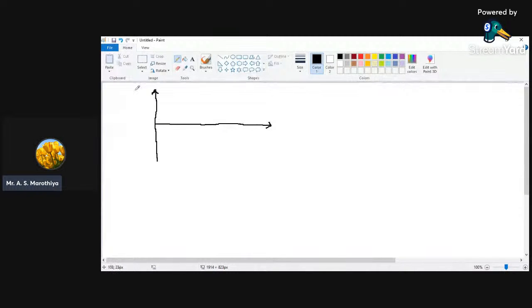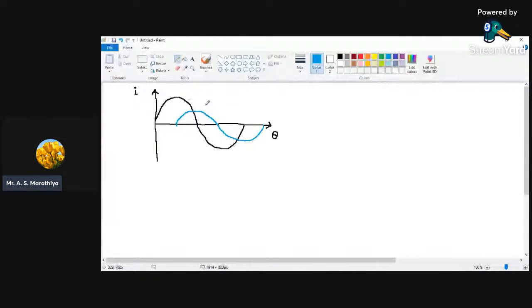Let us consider that on the y-axis I have indicated current, on the x-axis I have indicated theta, which is in degree, and the first alternating quantity is like this, and the second alternating quantity is like this.